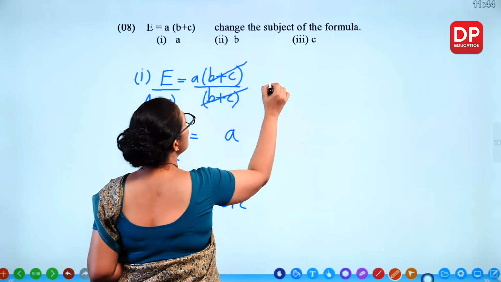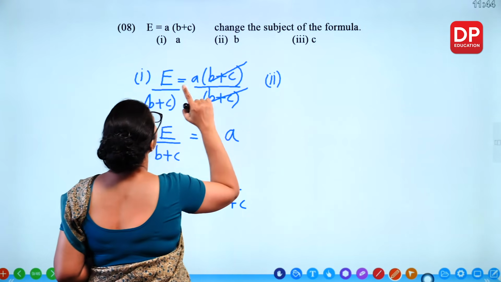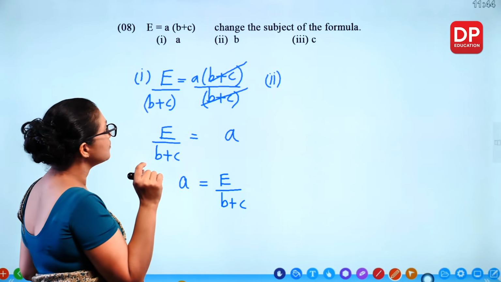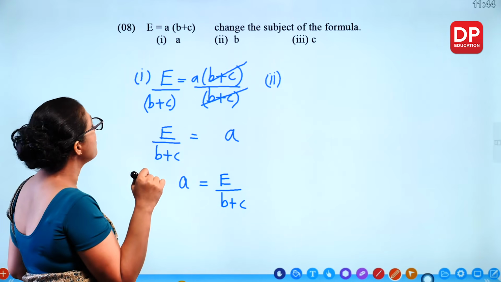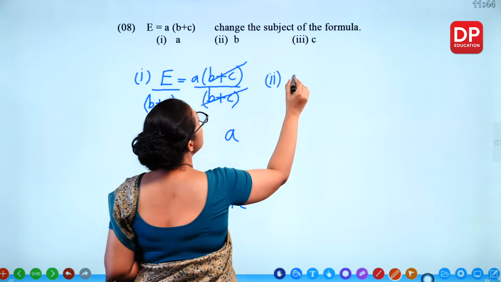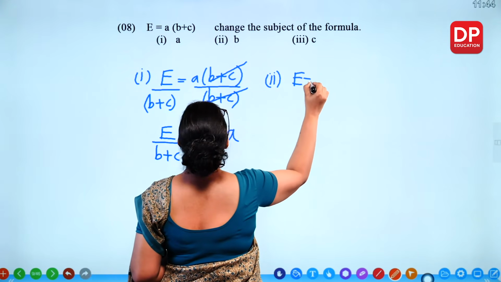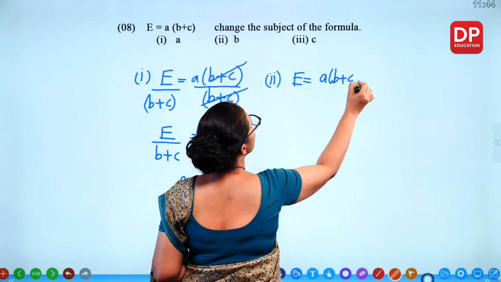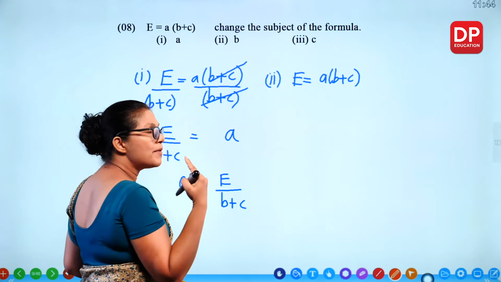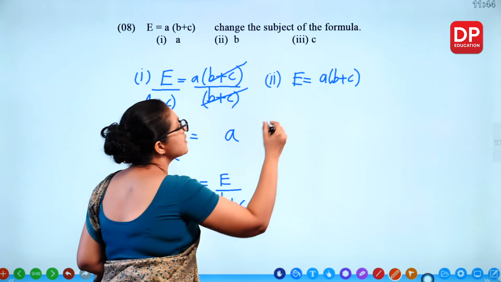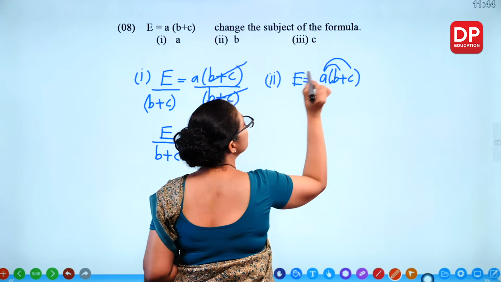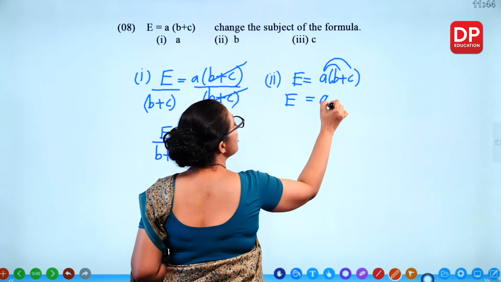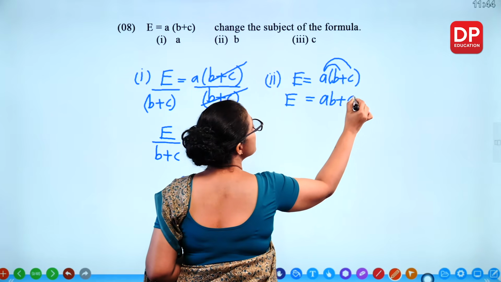Now second one, you need B as the subject of the formula. E equals A, B plus C. Now B is inside, so that means you have to expand brackets. E equals A into B, AB, A into C, AC.